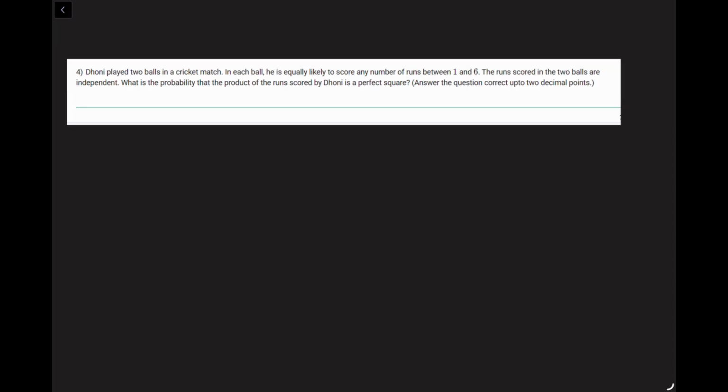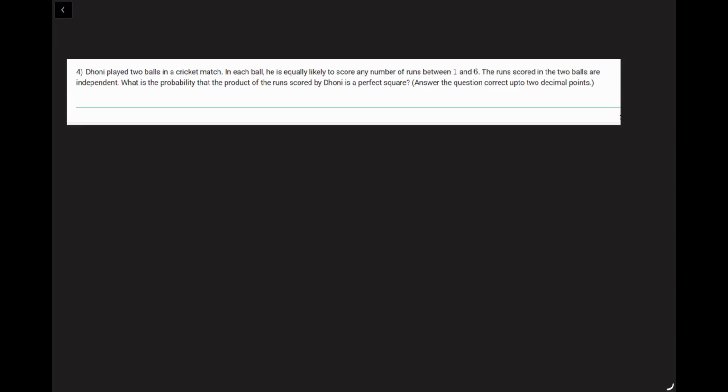Third question is: Dhoni is a player who played 2 balls in a cricket match. In each ball, he is equally likely to score any number of runs between 1 and 6. The runs scored in the 2 balls are independent. What is the probability that the product of the runs scored by Dhoni is a perfect square? Answer the question correct up to 2 decimal points.